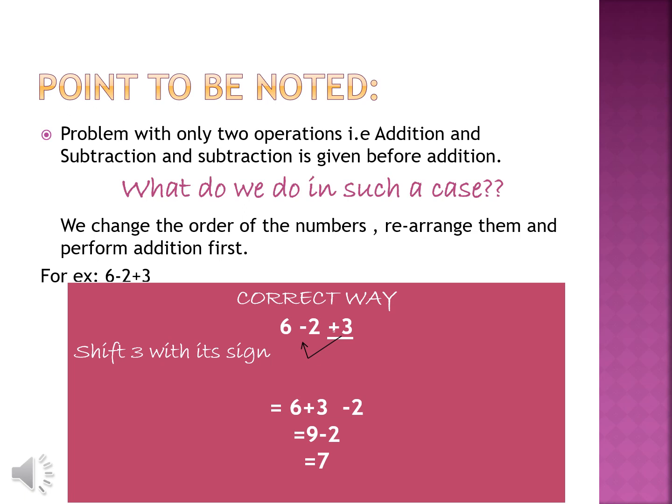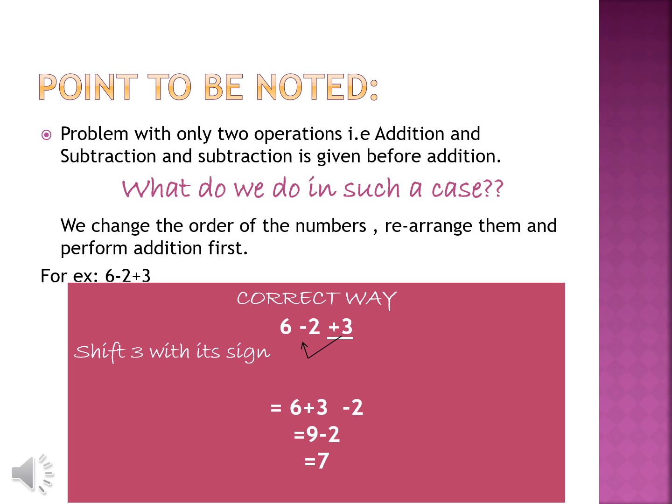So in this particular case, what you have to do is rearrange the numbers. Now the question is 6 minus 2 plus 3, right? So first of all, rearrange these numbers. Rearrangement means shifting 3 with its sign. The first number is 6, the sign of 3 is plus, so shift this. Plus 3 comes before, and minus 2 shifts later, right?